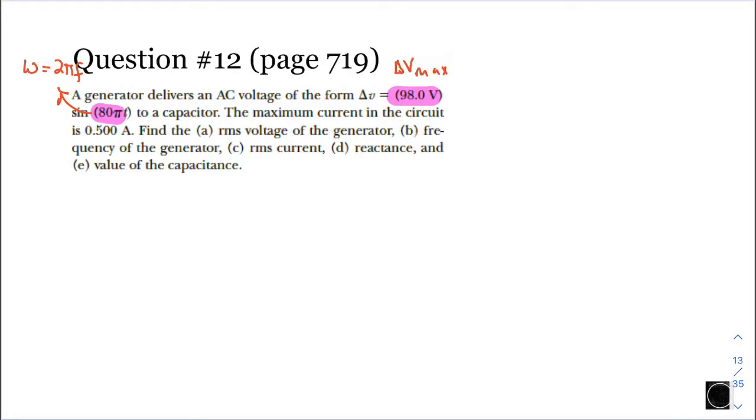To solve part A, it's requesting the RMS voltage of the generator.